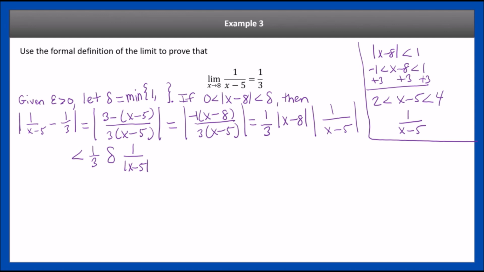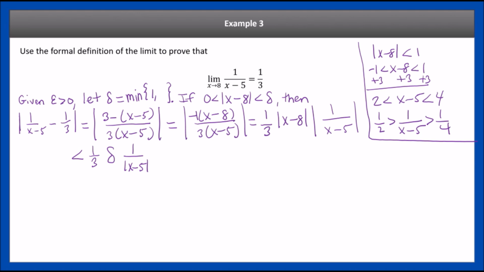Because 2 is smaller than 4, but if I flip it, I get 1/2, and 1/2 is greater than 1/4. So this actually turns into 1/2 is greater than that, which is greater than 1/4. Something to keep in mind is, when you reciprocate, you're essentially flipping the inequality sign.